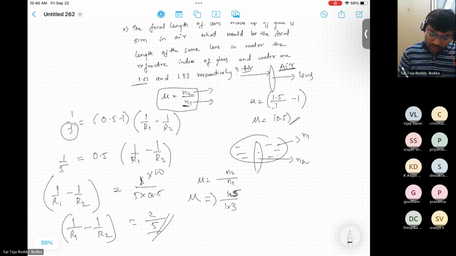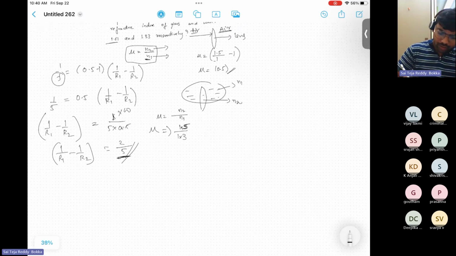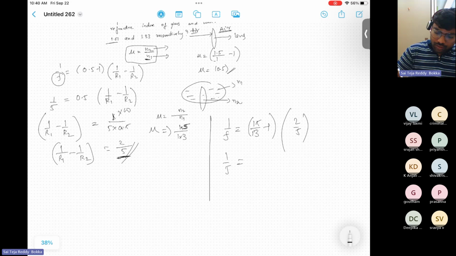So just substitute this same thing in your second equation. For water, 1/f is equals to (mu minus 1), which is (15/13 minus 1), into 2/5, and then you'll get your answer. So f is equals to 13 into 5/4.